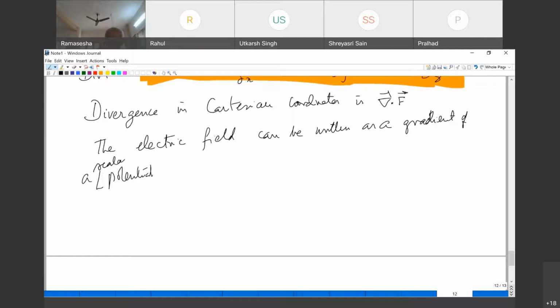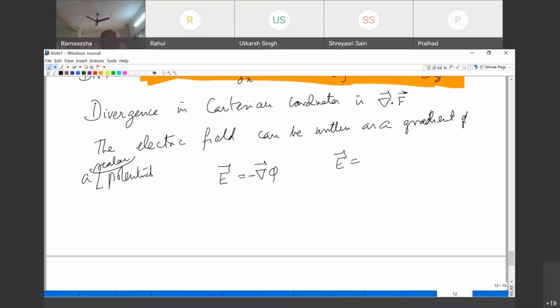Why is that possible? Because the curl of the electric field is zero. Because work done by an electric field is a state function, right? Because it's a state function, it has to be conserved, the work done. If the work done has to be conserved, then the electric field must be written as a gradient of a scalar function.